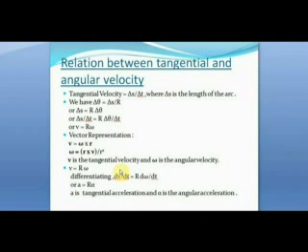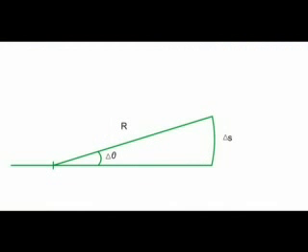Now we'll see the relationship between tangential and angular velocity. Tangential velocity is defined as delta s by delta t, where delta s is the length of the arc and delta t is the time interval. So suppose an object is traveling in a circular path and it travels a distance of delta s in time delta t.